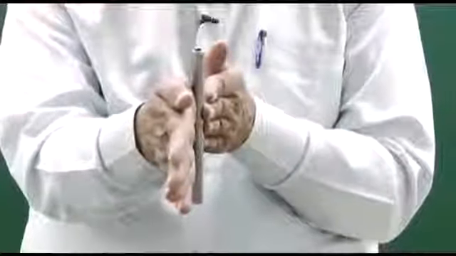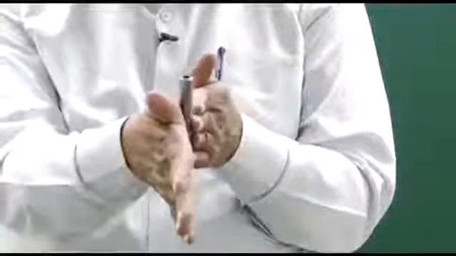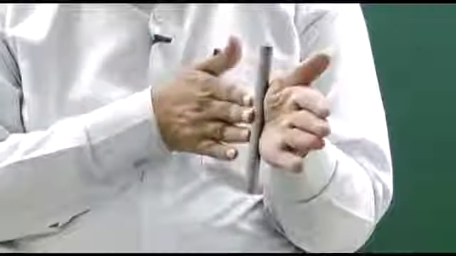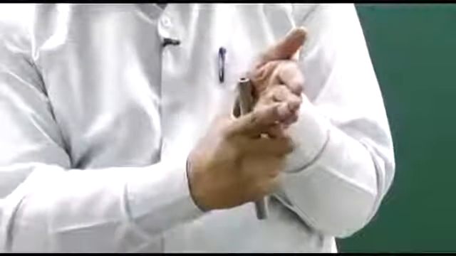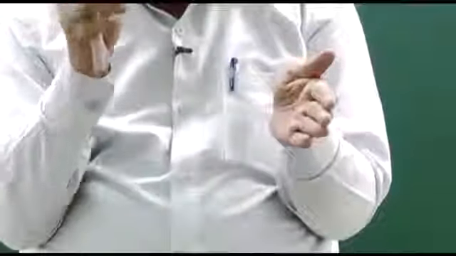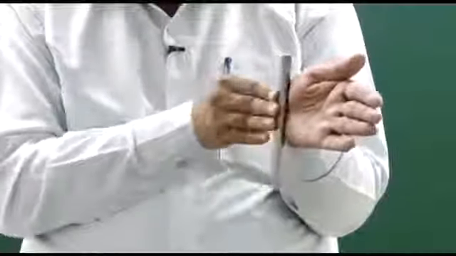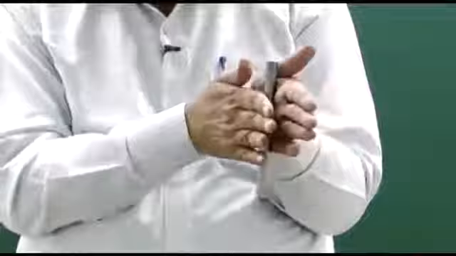So, how much has the tube moved? The tube started from here and it reached here. So, the length moved by the tube is this much, length of this palm. And how much have these fingers moved? The fingers started from here, and where are the fingers now?